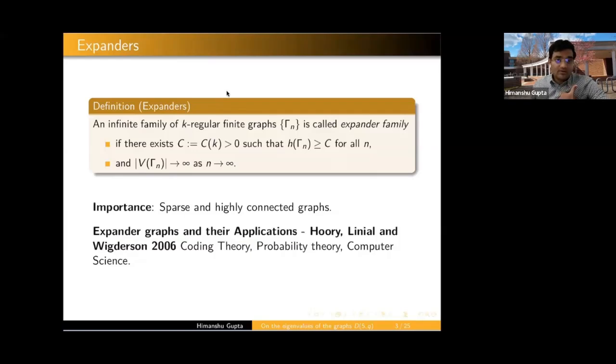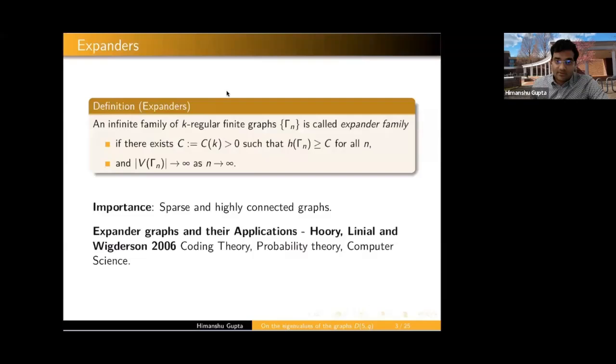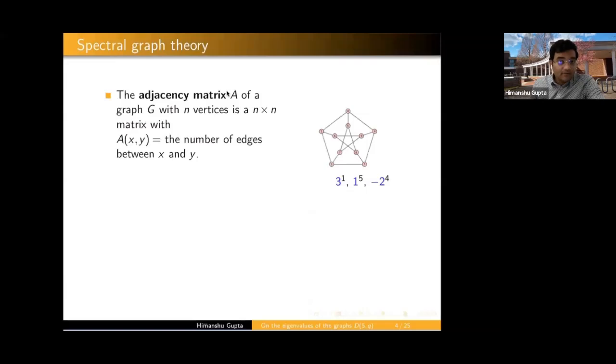Okay, so we talked about the Cheeger constant, we talked about expanders. Now, expanders in general are difficult to construct because in general it is NP-hard to figure out this parameter h(Γ_n). So we would desire to study expanders by other means, and that's where spectral graph theory helps us. This is a very basic definition.